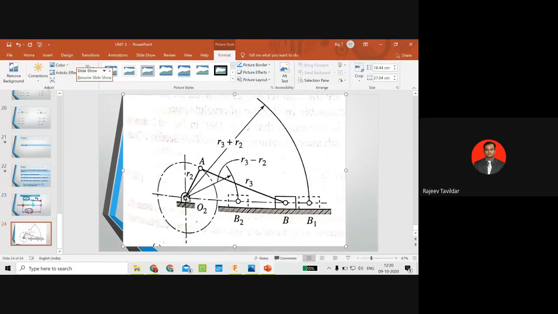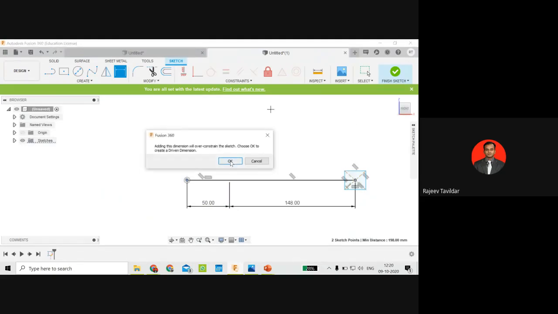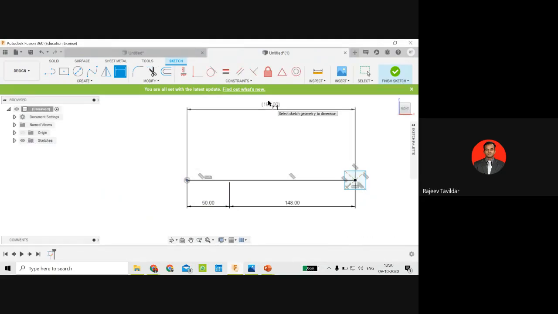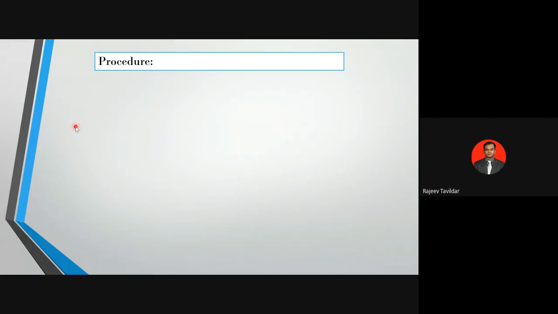So from the center of rotation to this B1, what it gives me is R3 plus R2. Let us measure it. From the center of rotation to the slider, this distance 198 is nothing but our R3 plus R2. So I'll just write it down here.